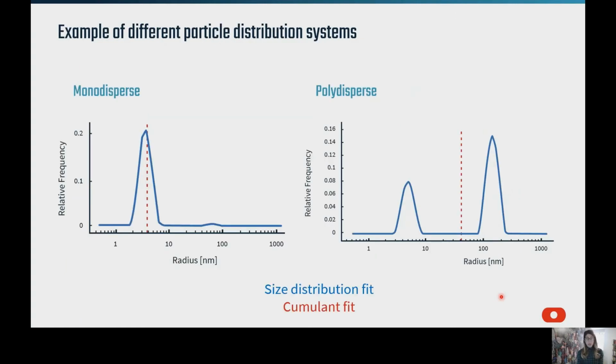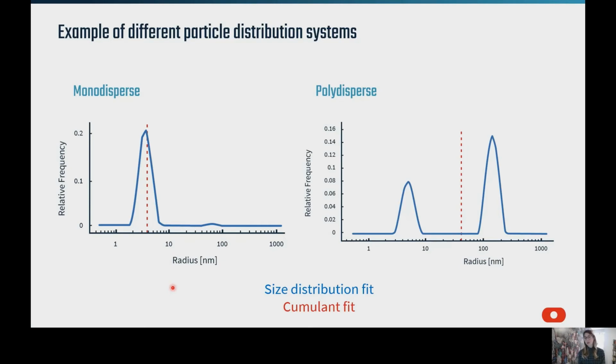So here we see the intensity distribution plots of a monodispersed and a polydispersed system fit with both the cumulant and the size distribution fits, where the scattering intensity is plotted as a function of the hydrodynamic radius. Here the cumulant fit is signified by this dashed red line. It has this shape because it's assuming a Gaussian intensity distribution, so there's going to be no change in the shape of that peak because it's always assuming a Gaussian distribution.